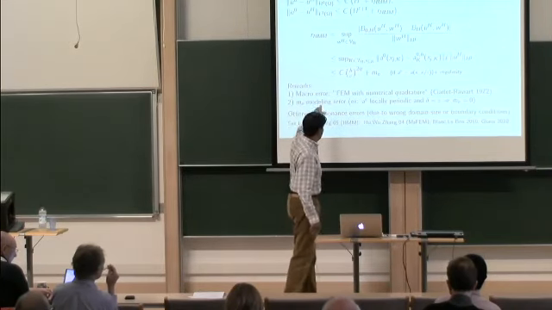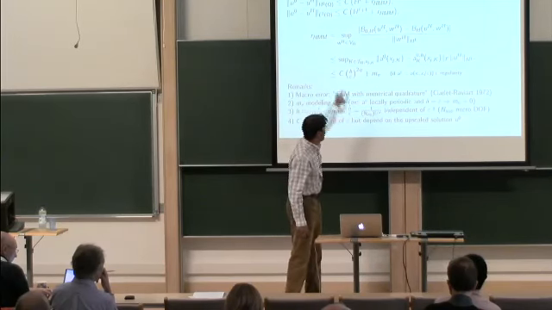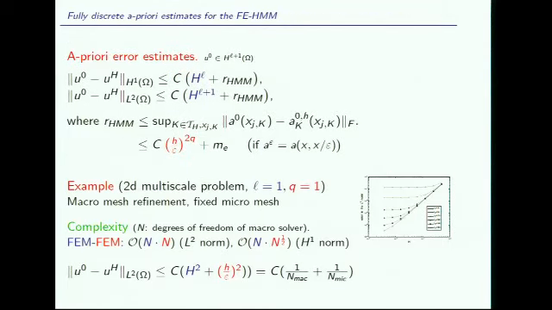Okay, it's depending on the microscopic degrees of freedom and the macroscopic degrees of freedom. Okay, and then they have to be set according to the relation 2q plus 1 or 2q. Okay, C of course is dependent on epsilon, otherwise there would be no result here, but depends on the upscaled solution. Okay.